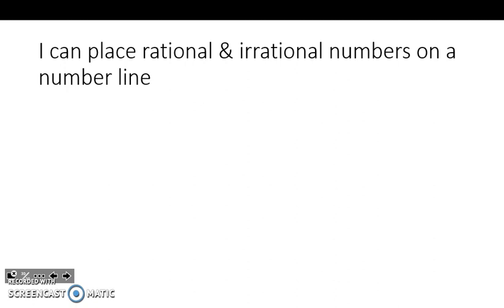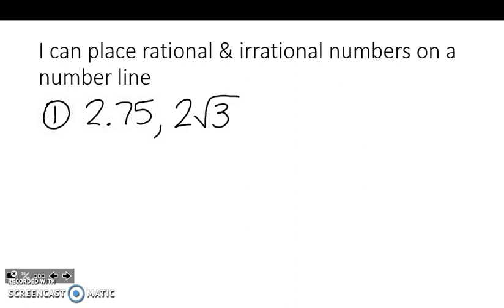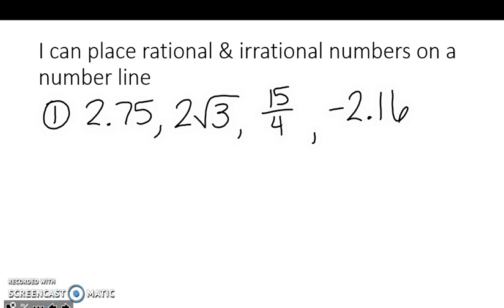So we are going to, let me get you this first example. Okay, so the first thing, again, that we have to do is evaluate anything that is not already a decimal.